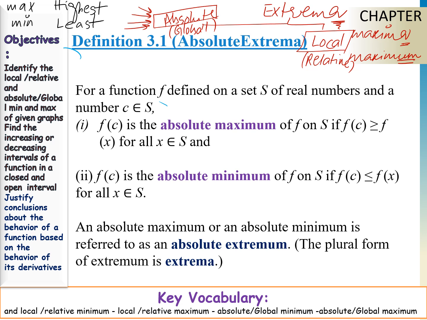Later on, we will discuss the difference between local and absolute. Right now, keep in mind that the absolute maximum is the highest point of the graph, and the absolute minimum is the lowest point of the graph.